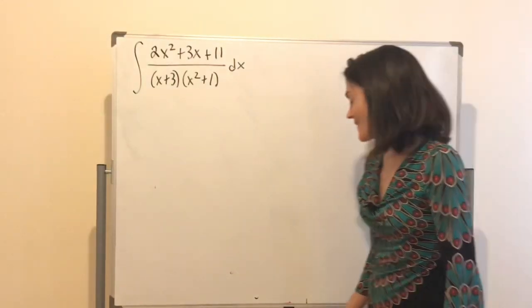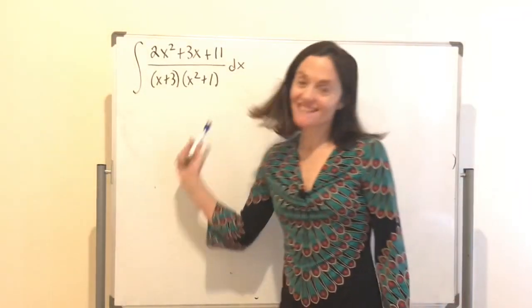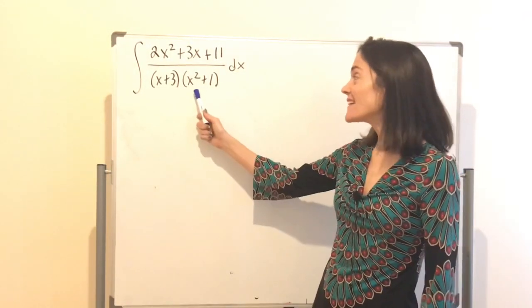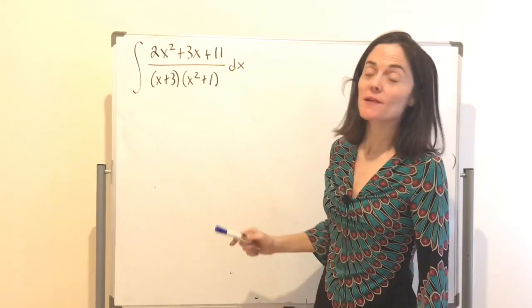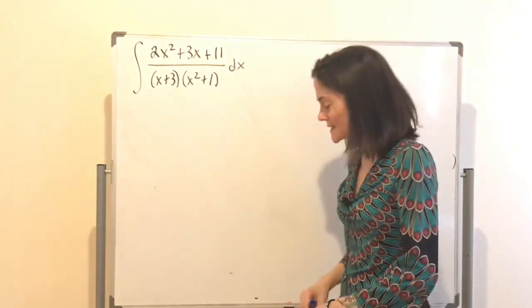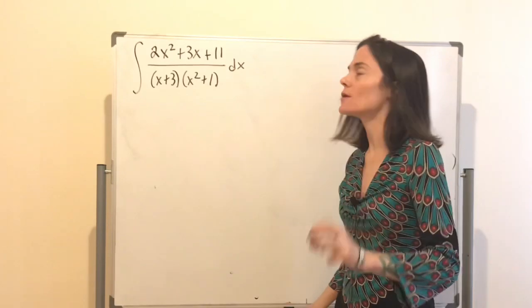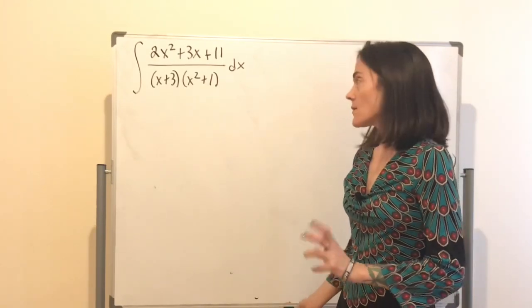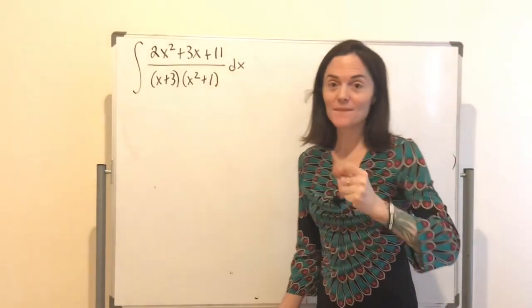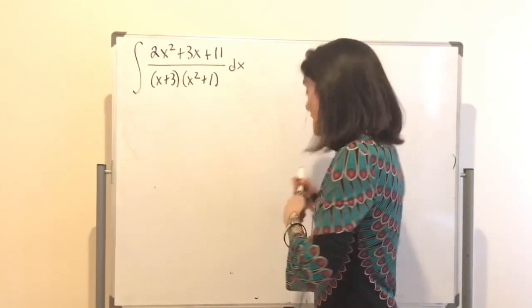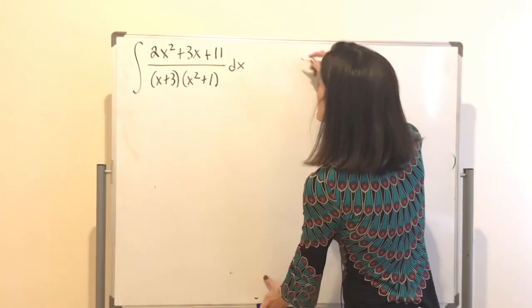What we see here, we have a distinct linear, and then here, this is an x squared plus 1, and just like the x squared plus 9, this is irreducible, okay? So we cannot factor the denominator anymore. So we're going to look for partial fractions of the form.